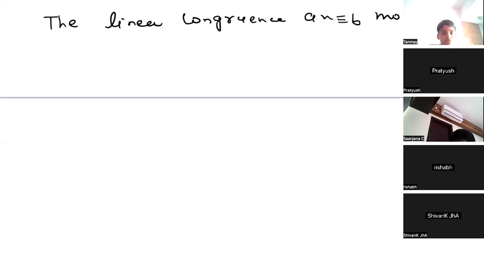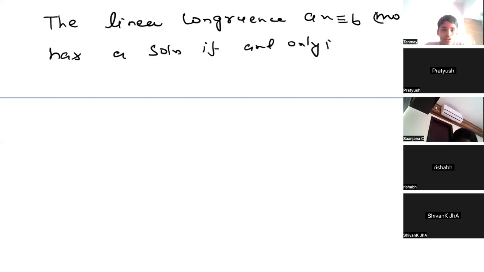ax ≡ b mod n has a solution if and only if d divides b, where d is the GCD of a and n.